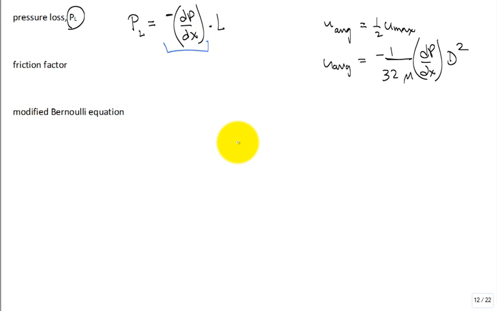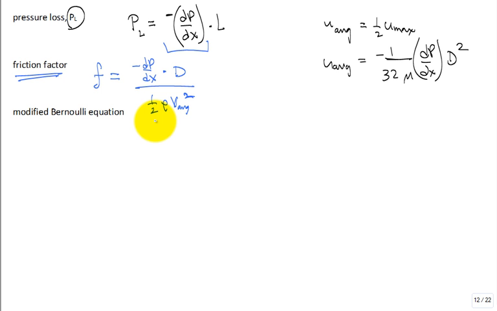So let's do this. What is the definition of the friction factor? It's like the Euler number last time, but the friction factor is introduced to be the negative dP dx times d, divided by 1/2 rho v average squared.